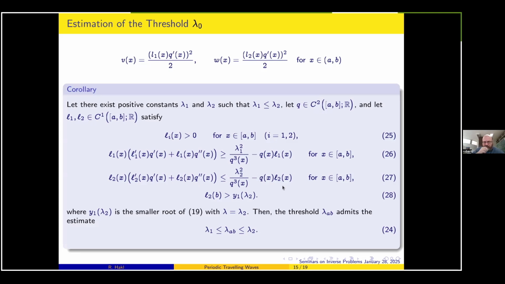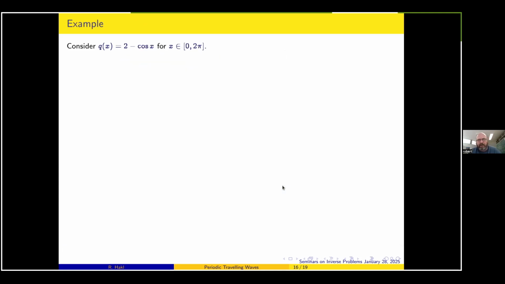So finally, I will show you how to apply this result to a simple example.